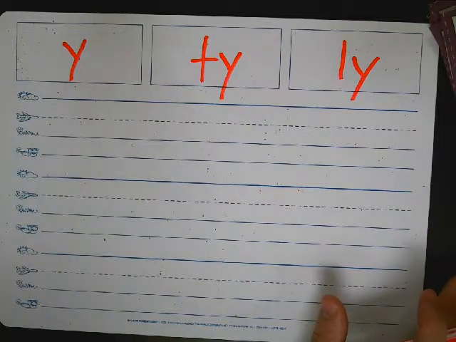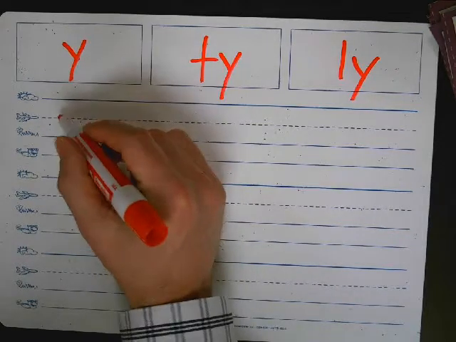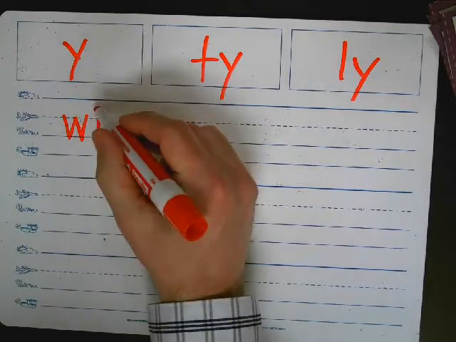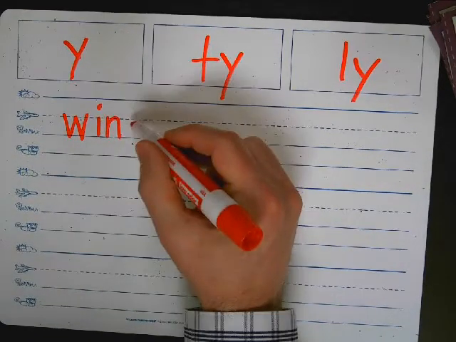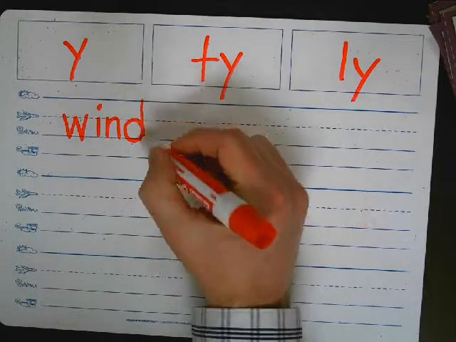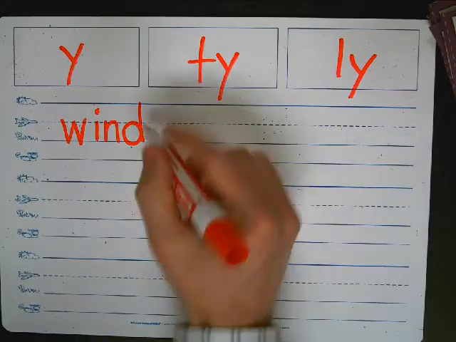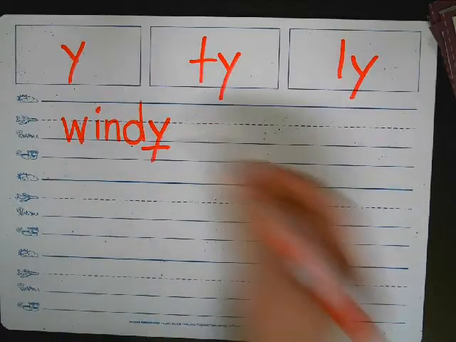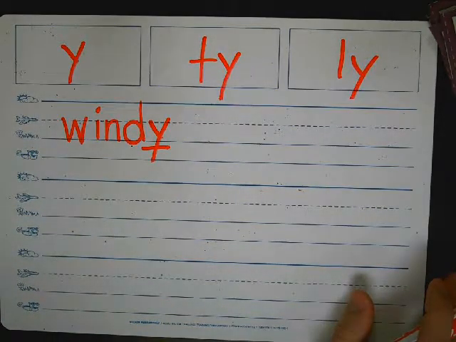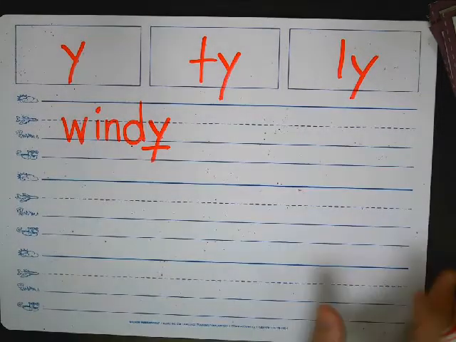Wind. I hope you're spelling wind, W-I-N-D, and then add that suffix at the end. Windy. So that suffix y makes an E sound. Okay, so far so good.